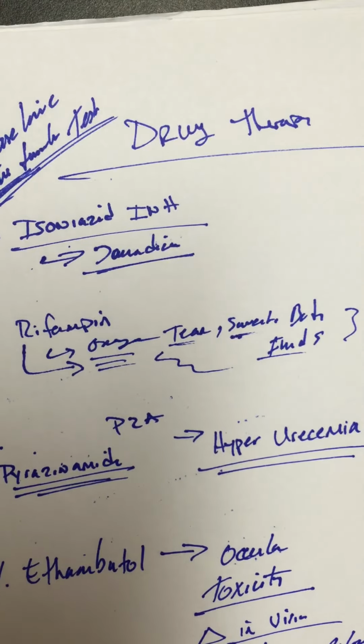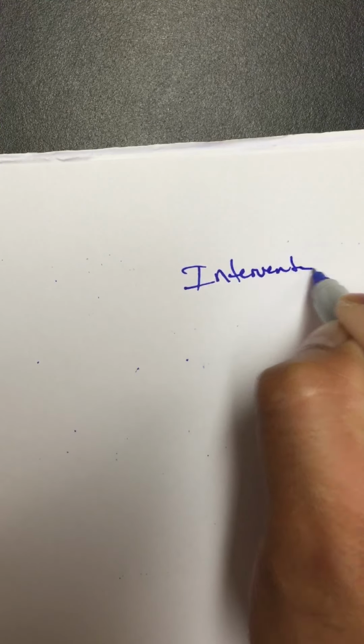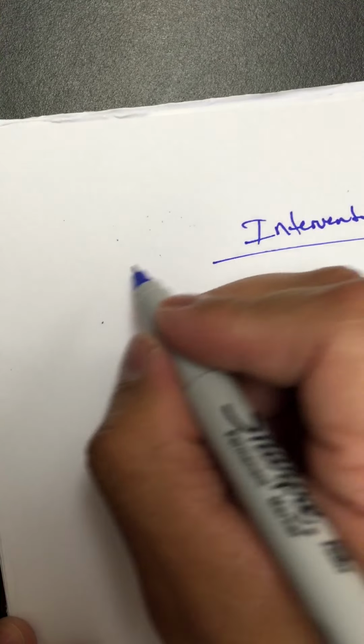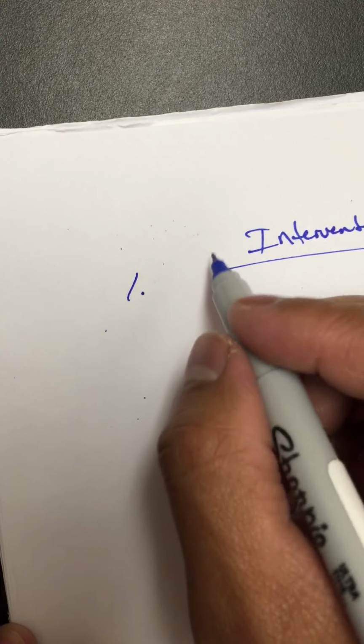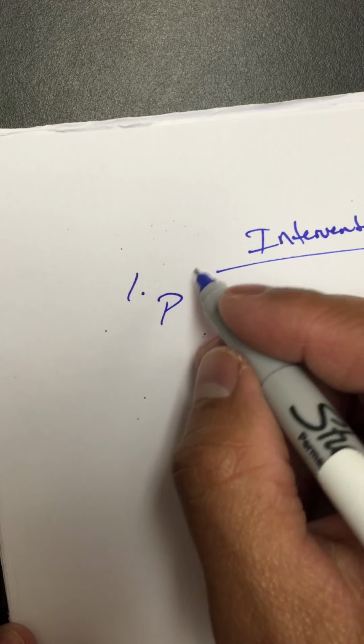Now, what are some interventions for your patient? Number 1, you will place your patient in airborne precautions.